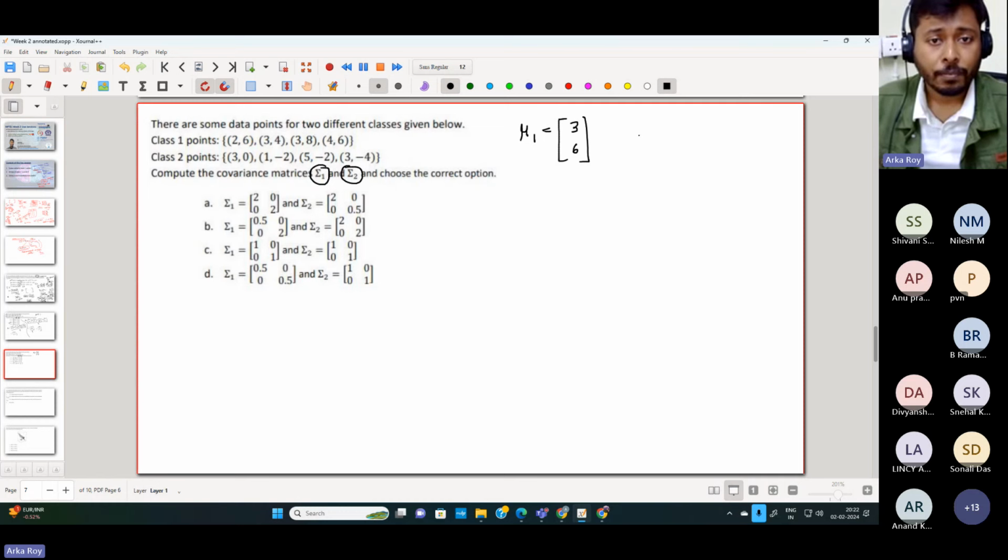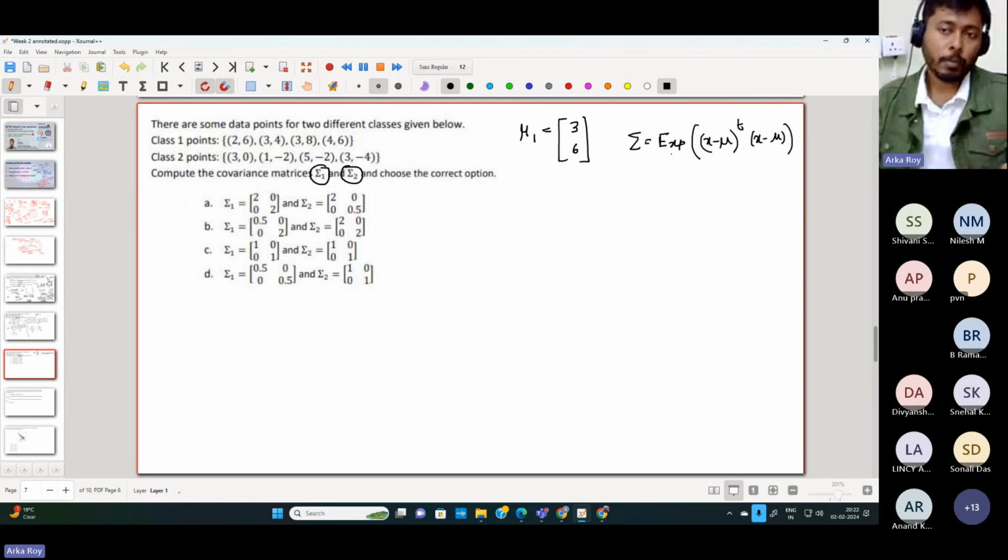So the sigma value is basically the expectation of x minus mu into x minus mu transpose. Expectation basically tells you the average information.